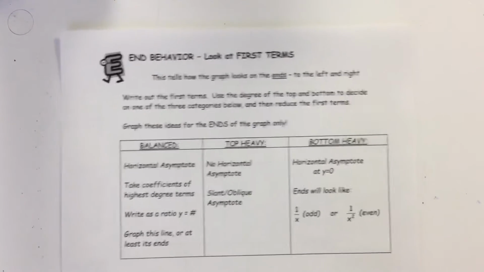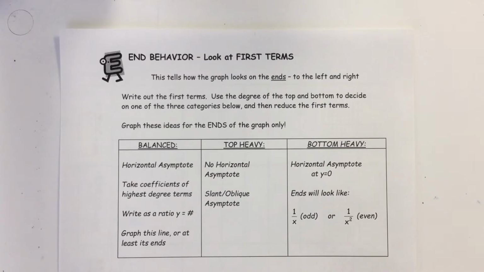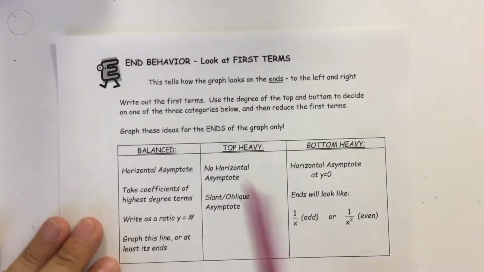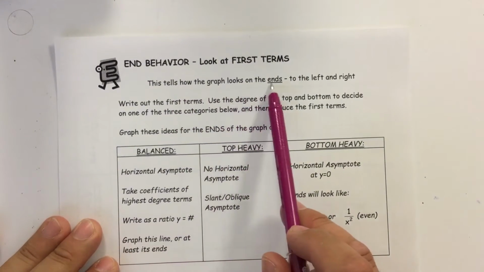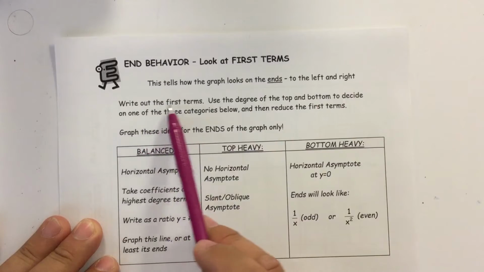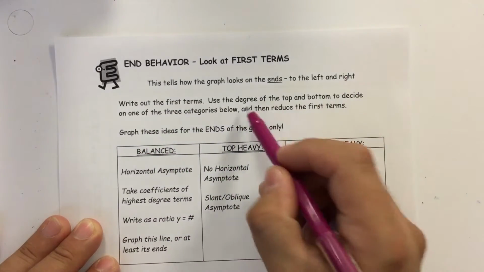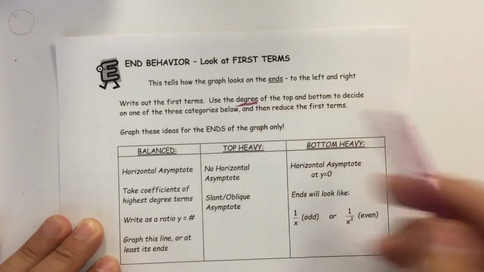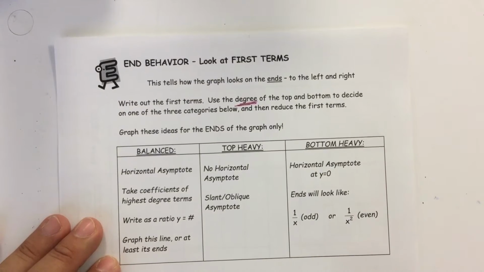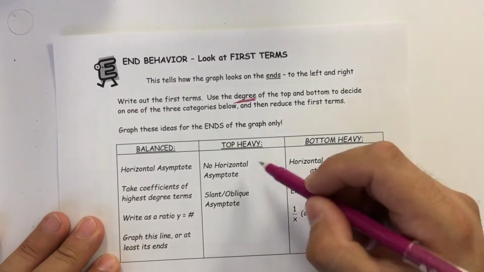All right, E is end behavior, which is kind of what we talked about before. Is it top heavy, bottom heavy, or are they the same? You look at the exponent. It says this shows how the graph looks at the ends, to the left and right. Write out the first terms and use the degree of the top and the bottom to decide which category it falls into. I always do top heavy first.